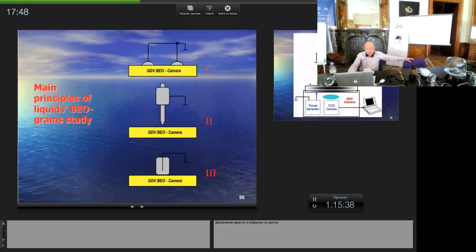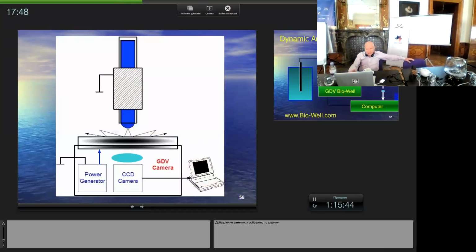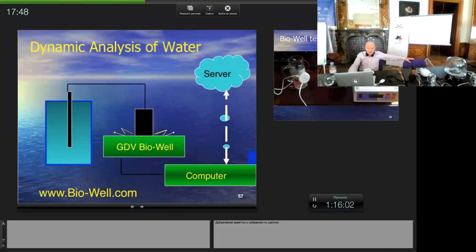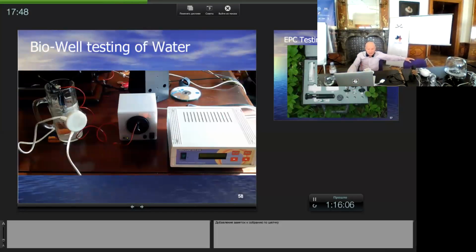So we have a different approach to how to study water. With Bio Well, you see one approach, but we have another approach with the so-named suspended drop. And for this approach, we are now producing the so-named Bio Well Pro camera. And it will be on the market somewhere in July after our conference, after our congress. So we have many experiments of this kind.